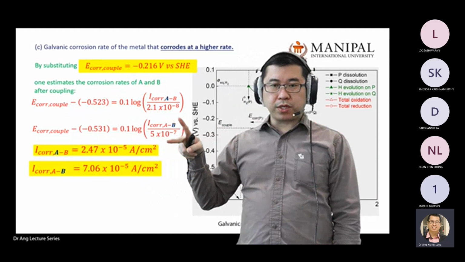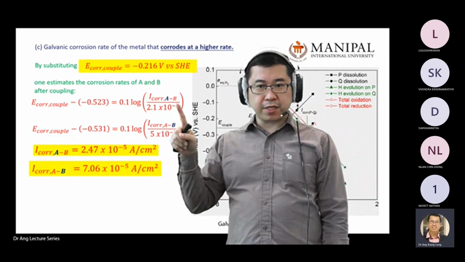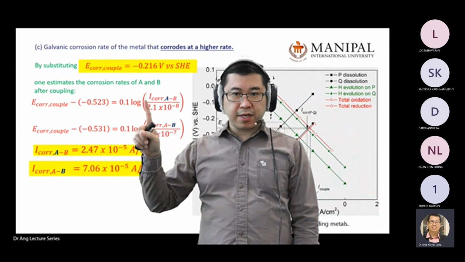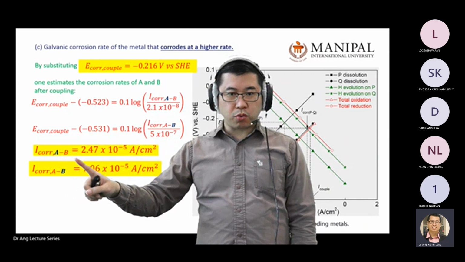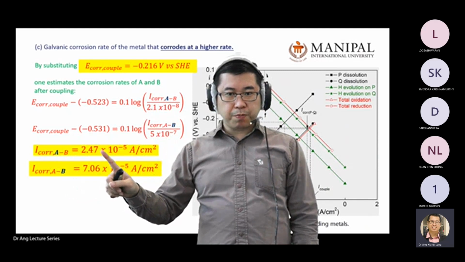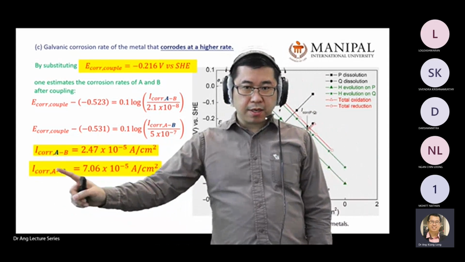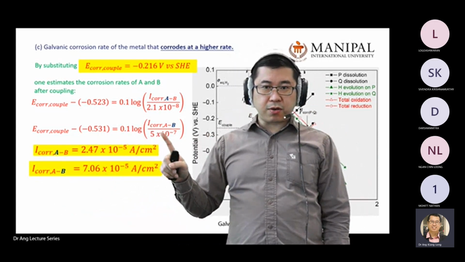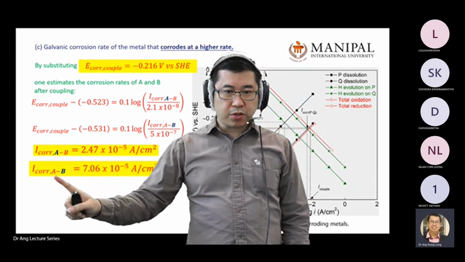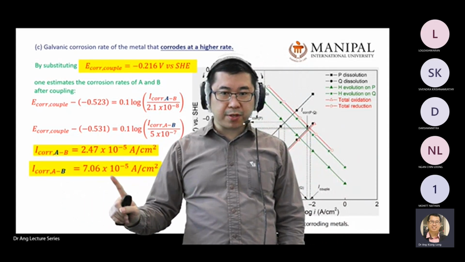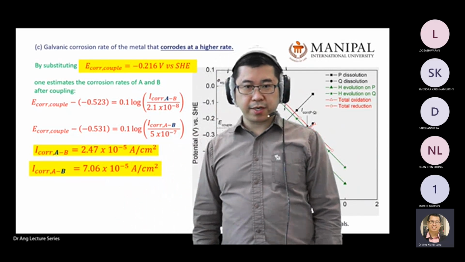You have two equations with two unknowns. Solve the simultaneous equations. You can find the corrosion rate A to B is 2 point something when you focus on A. And you solve for A corrosion AB. This one is focused on B. Corrosion rate for B will be 7 point something times 10 power negative 5 ampere over cm square.